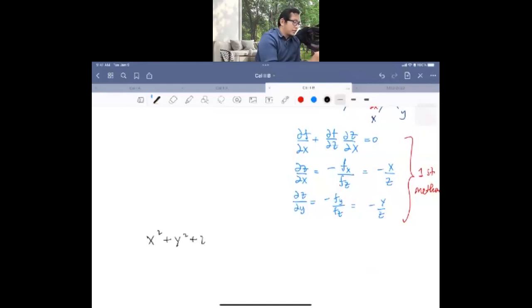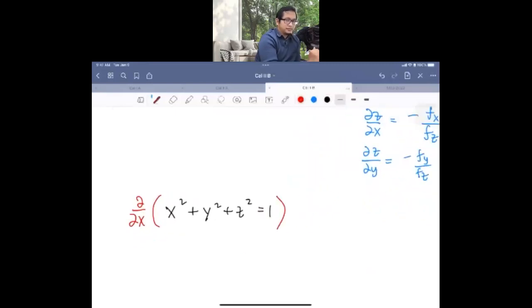So we have this, and we differentiate directly. For example, if you differentiate with respect to x, then x is our variable, right? y is our constant, so we treat y as a constant, and z is a function of x.